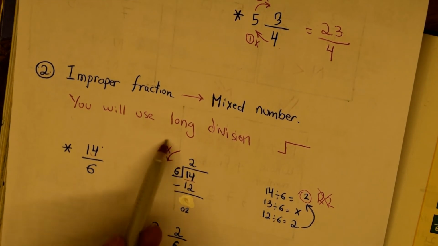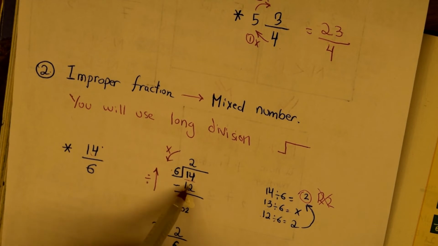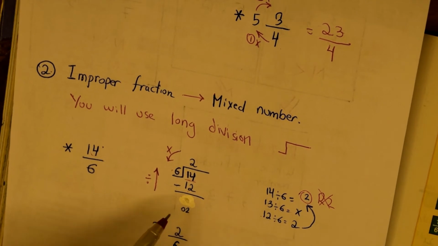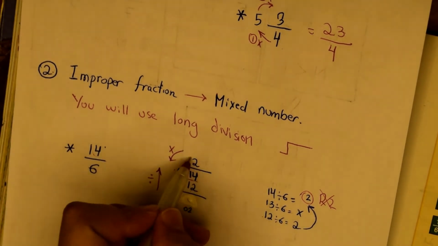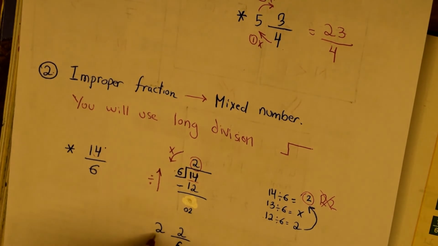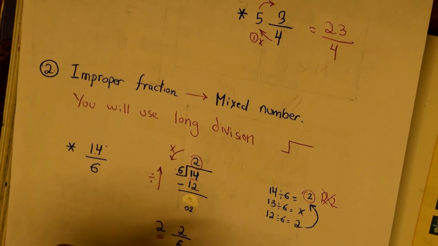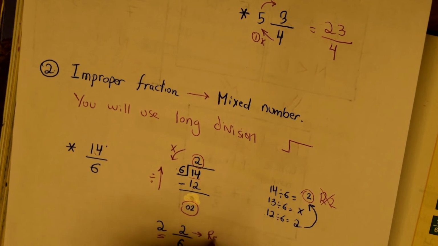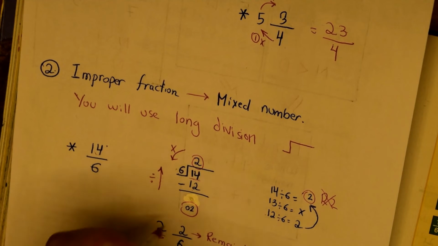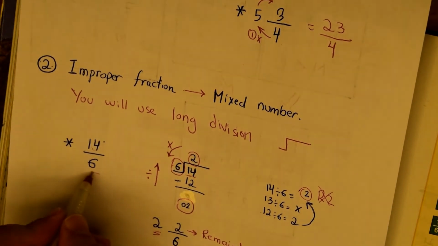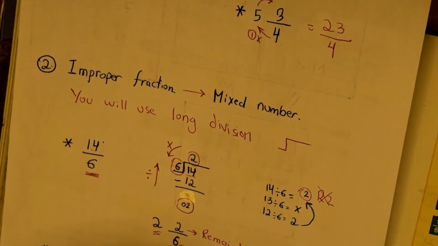Now I have to go down. I will multiply 2 times 6 equals 12. Two numbers, I will subtract them. 14 minus 12 equals 2. Now how will I write the mixed number? This is the answer, this is the whole, then I will write it here. Then I will write the remainder in the numerator place, and here the same denominator will be down.